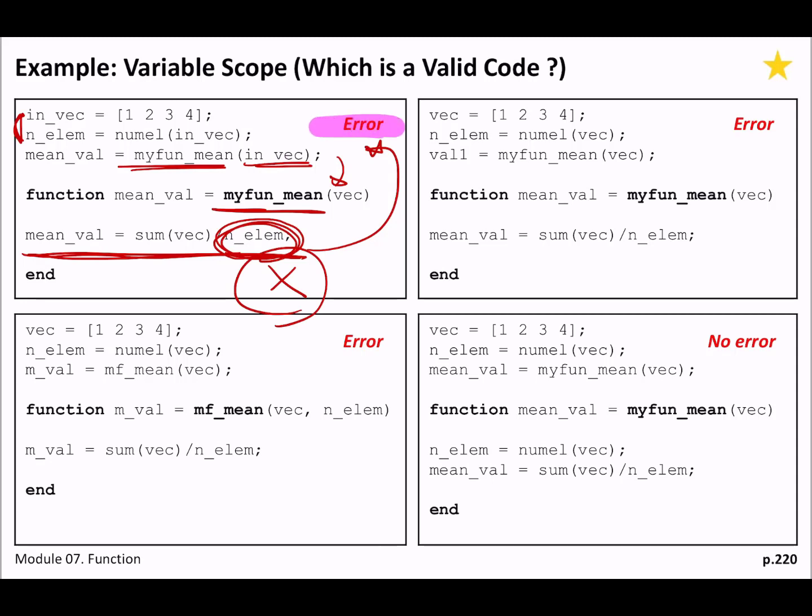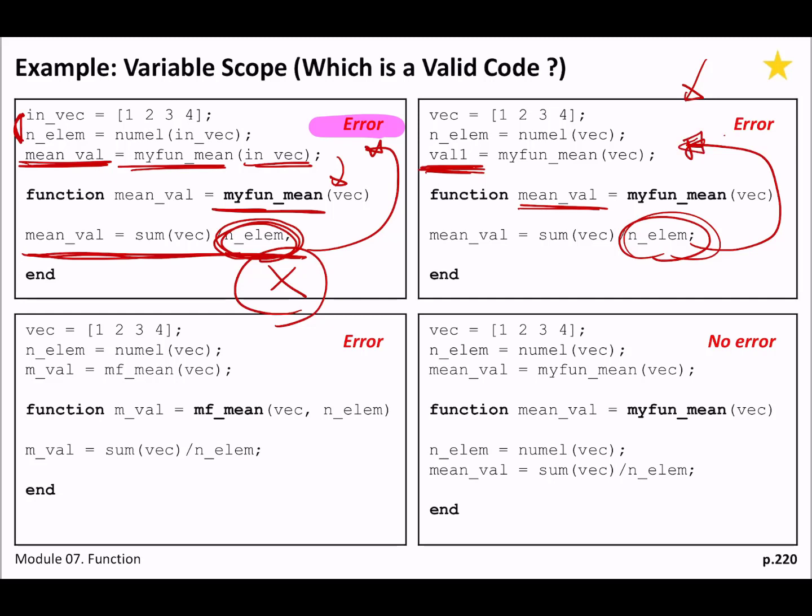What about this one? The only difference is this one. We don't need to match the output variable, but this one still accesses an element placed in a different workspace.